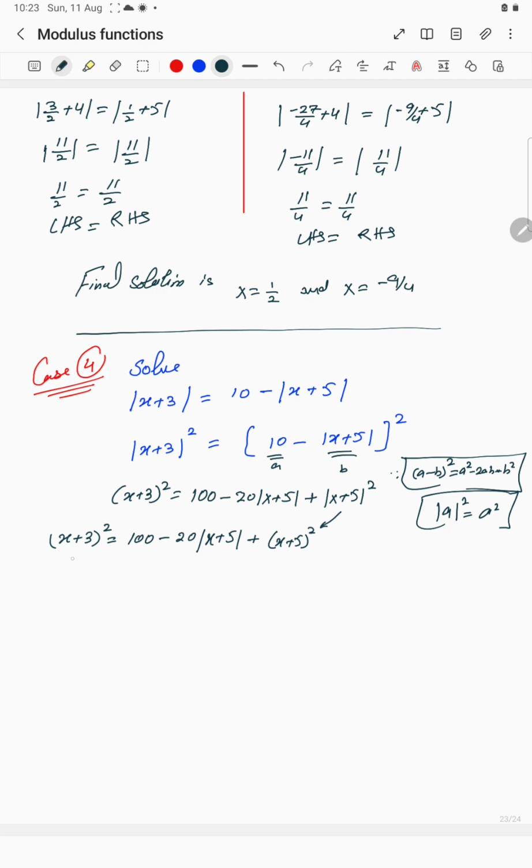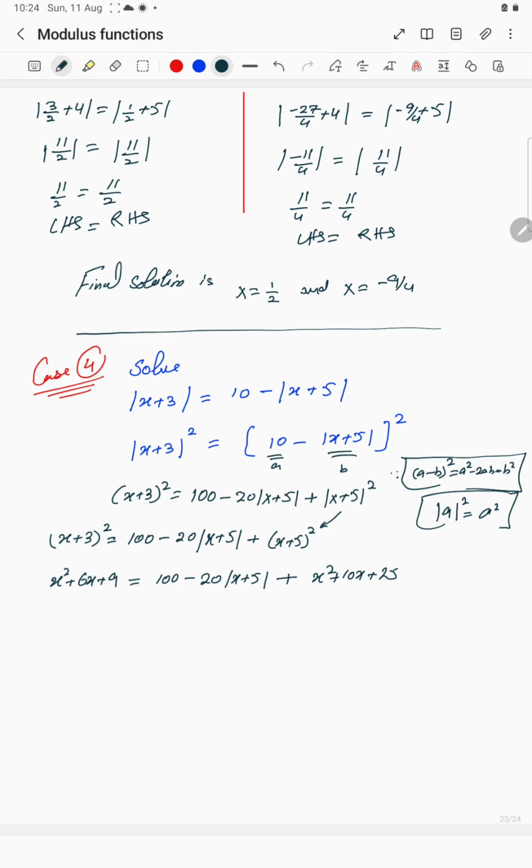Now apply (a + b) whole square: x squared plus 6x plus 9 equals 100 minus 20 times |x + 5| plus, again applying, x squared plus 10x plus 25.